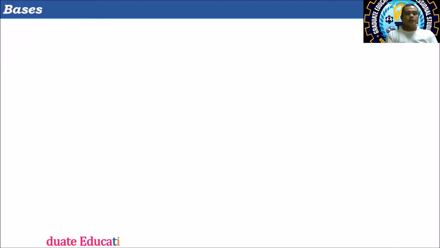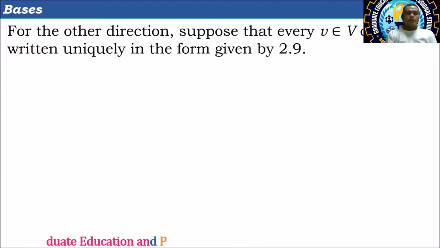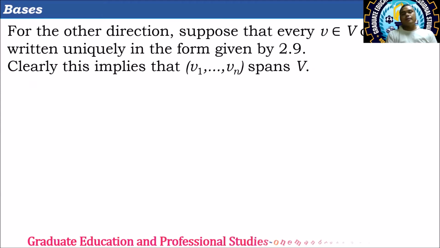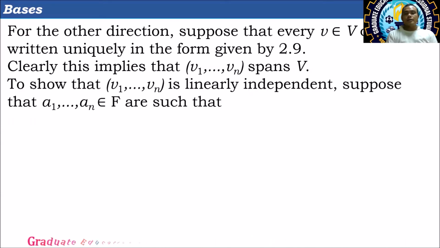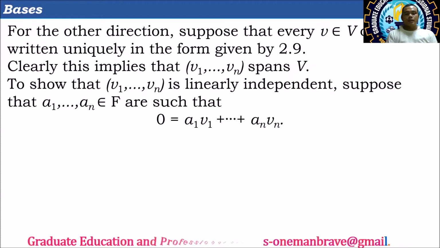So the other direction. Also, suppose that every v that is an element of V can be written uniquely in the form of 2.9. So clearly this implies that v1, ..., vn spans V. To show that the vectors are linearly independent, suppose that a1, ..., an are elements of F such that 0 is equal to the linear combination.